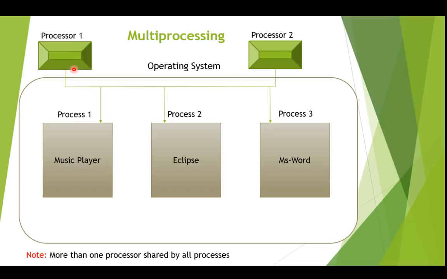So perhaps it may happen that processor 1 will execute these two processes and processor 2 will execute this, or it may also happen that processor 1 and processor 2 divide these processes, and processor 1 will do partial job of process 1, 2, 3, and the other half of the job will be done by processor 2.